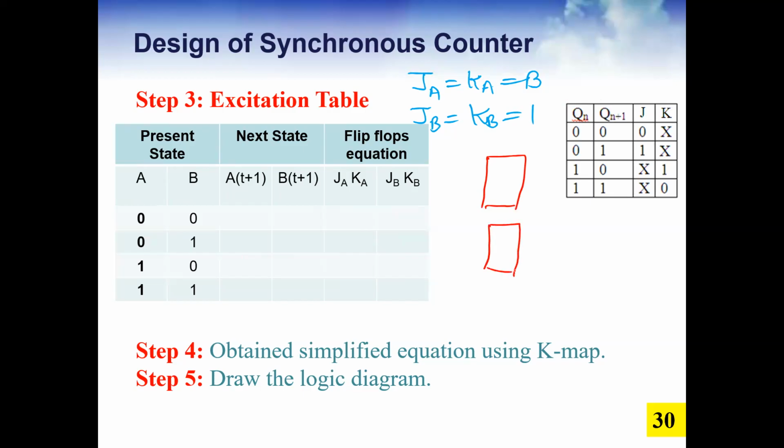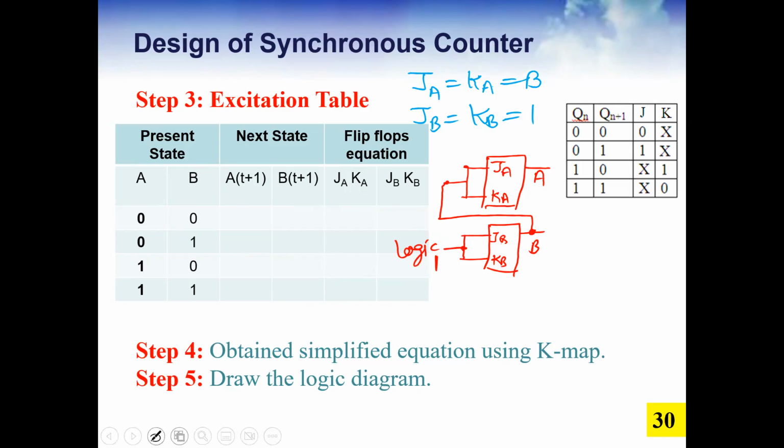Another one will be like this, with outputs, and similarly two inputs: JA, KA, JB, KB. These two inputs are going to be connected to B. You can see this is output B, and this is output A, so this will be connected to here. These two must be connected to logic 1, or logic high, whatever we can say.